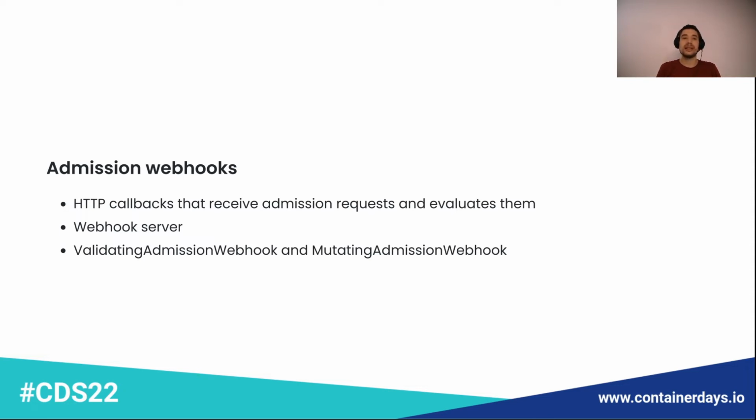In order to create an admission webhook, we need to provide an HTTPS webhook server that exposes an endpoint for each webhook. There are two types of webhooks. We have the validating admission webhooks that can perform validation on a request, and the mutating admission webhooks, which in addition can also mutate or change the request.